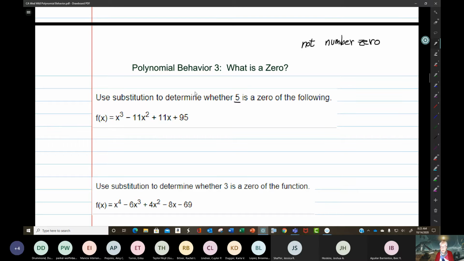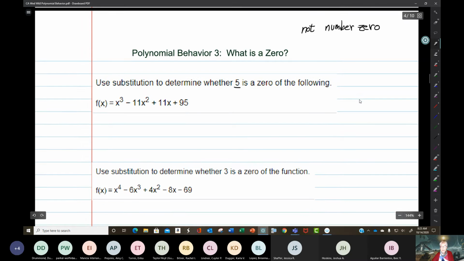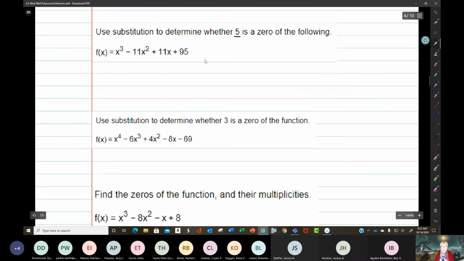So what these people are asking right here is, is 5 a 0 of f of x? This is what the question comes down to: is 5 a 0 of f of x?